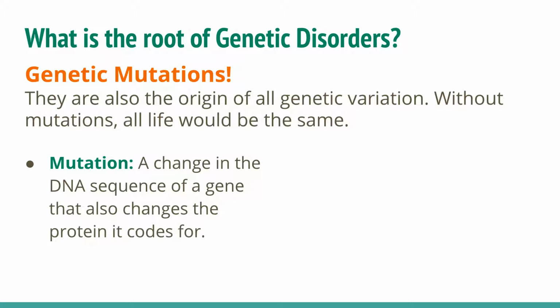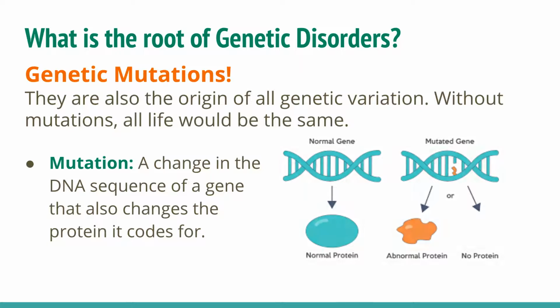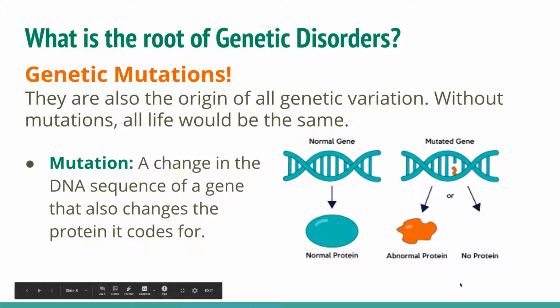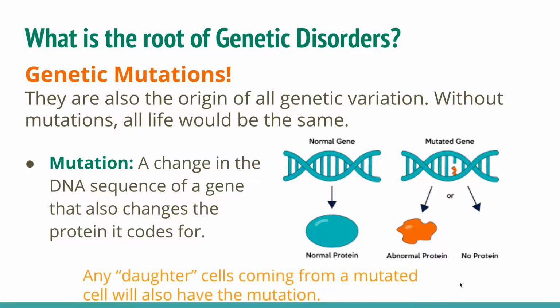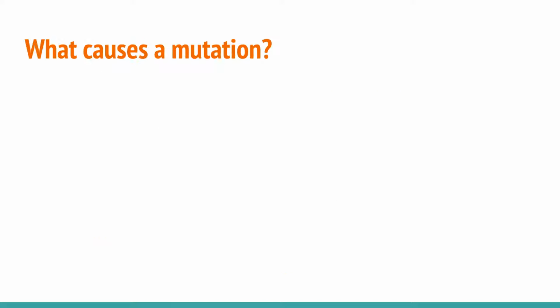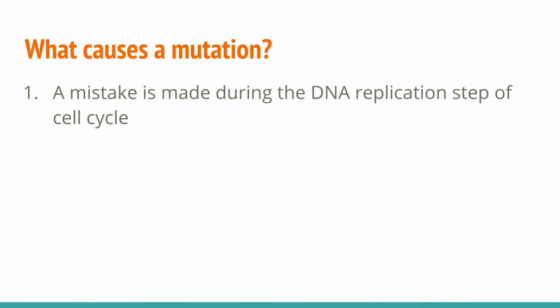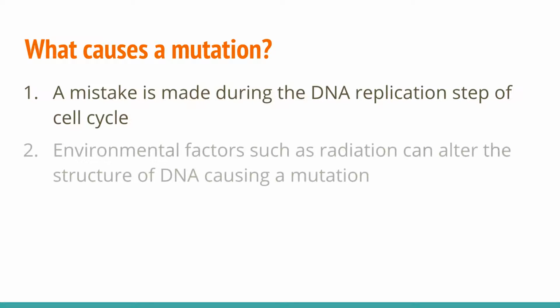So a mutation is a change in the DNA sequence of a gene that can also cause or change the protein it codes for. So normal gene, mutated gene, we saw that last week that creates an abnormal or no protein whatsoever. So any daughter cells coming from a mutated cell will also have the mutation. What causes a mutation is a mistake made during the DNA replication step of the cell cycle.